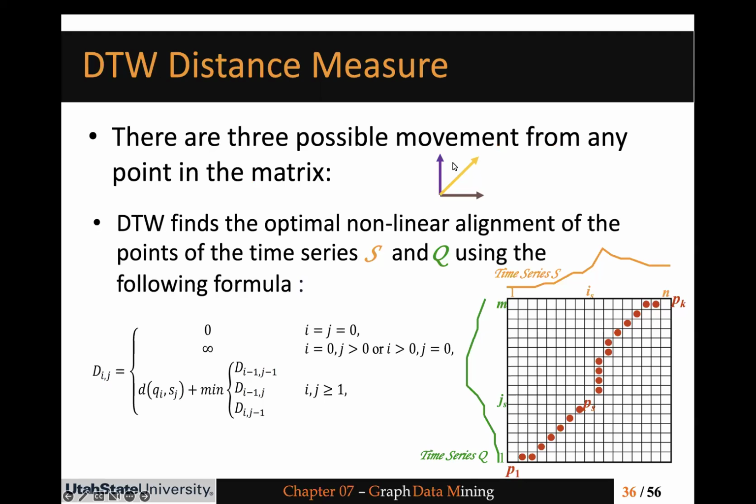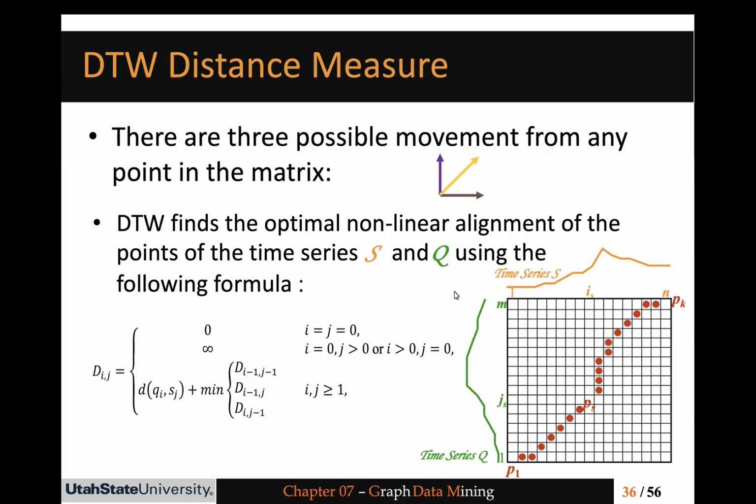So by allowing myself to go either right, upward, or diagonal up, I am making sure that there is no overlap between the lines along my warping alignments when finding the best alignment between the 2 time series. Okay, so that's rule number 1.